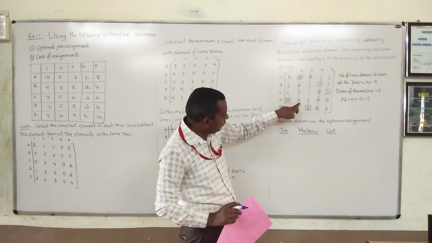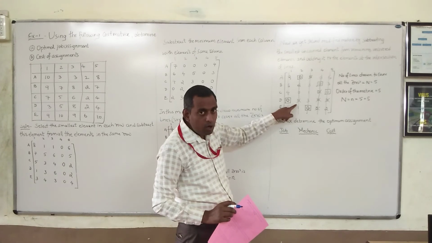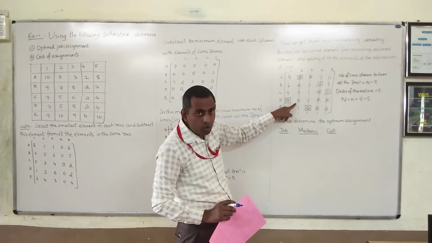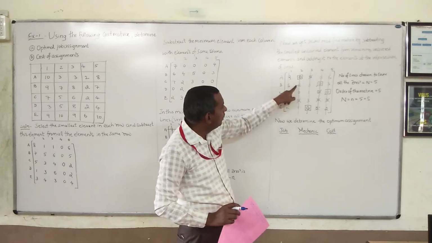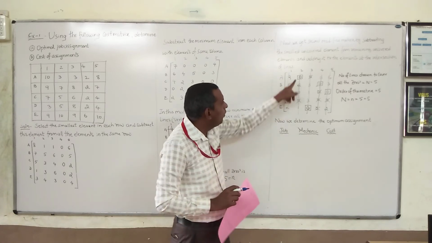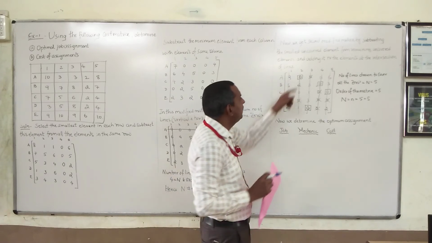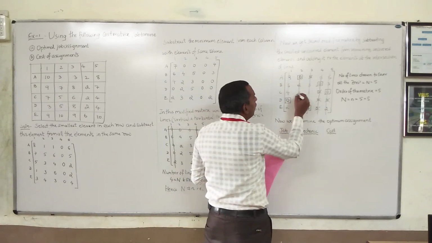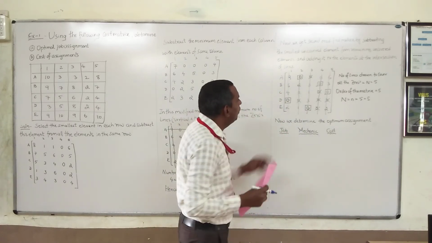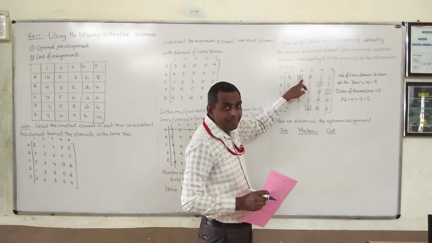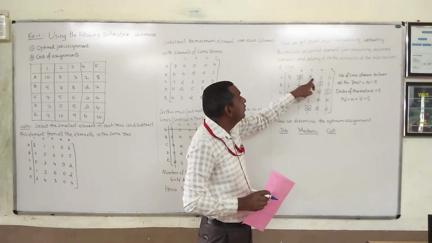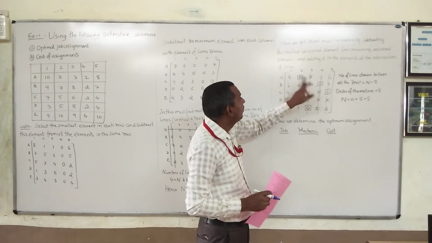So once this is crossed, this second row, second column zero is crossed here. So the only remaining is this one or this one. So what I do here, I will choose this one. So this will also get crossed. Now coming to this one, if I square this one, this zero is also crossed.